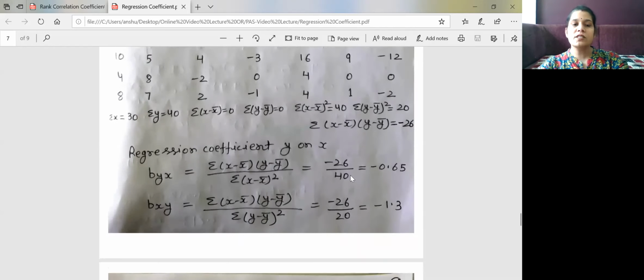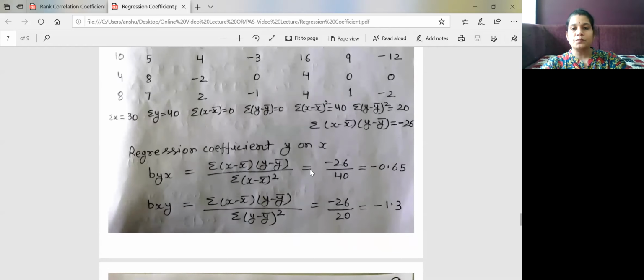So first we find the regression coefficient of y on x. That means we write byx is equal to summation x minus x bar, y minus y bar, divided by summation x minus x bar whole square.